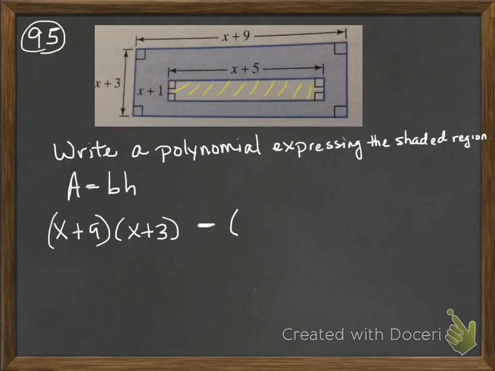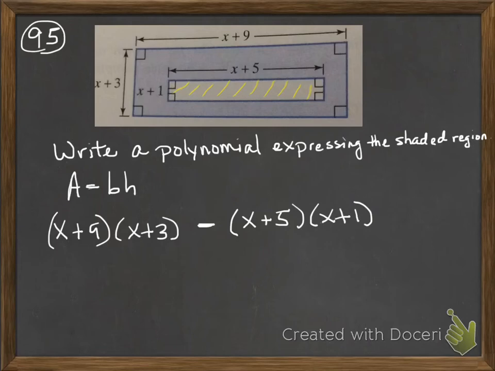And the area of the little rectangle, the one that's not shaded, has a base of x plus 5 and a height of x plus 1. So our polynomial is going to be x plus 9 times x plus 3, the area of the big rectangle, minus the area of the little rectangle, which would be x plus 5 times x plus 1.